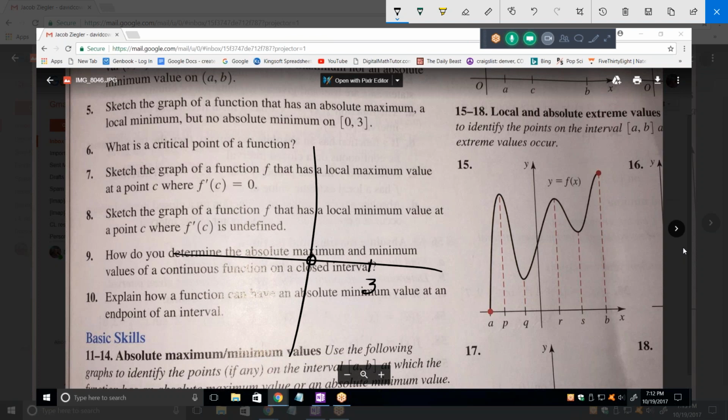Well, I think that satisfies it, does it not? Has an absolute maximum right there. Has a local minimum right there. But no absolute minimum, because this value over here is less than my local minimum. But it's an open circle once again.